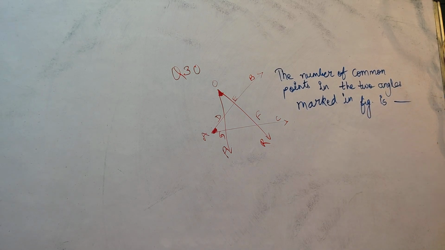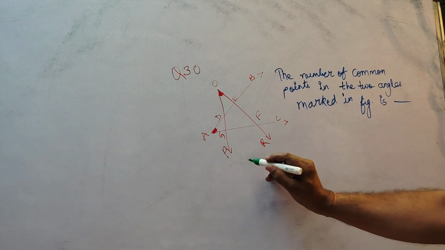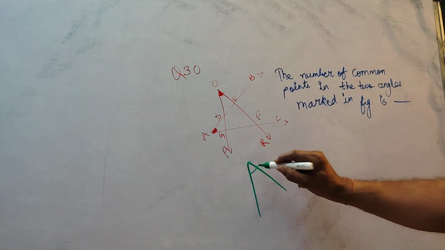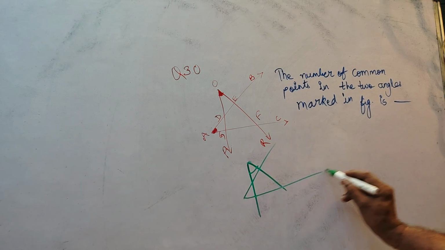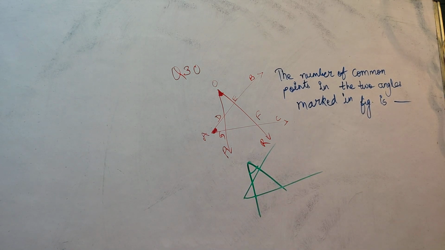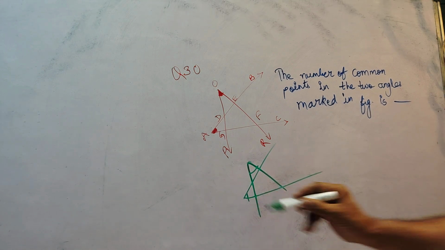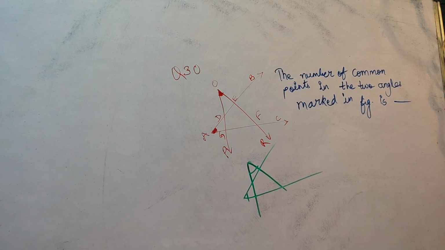How many common points in this figure? See the two angles. The first one is a downward opening angle, and the second one is this. How many intersecting points are there? We count.